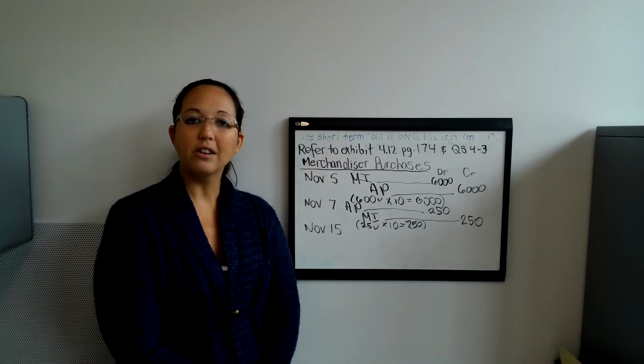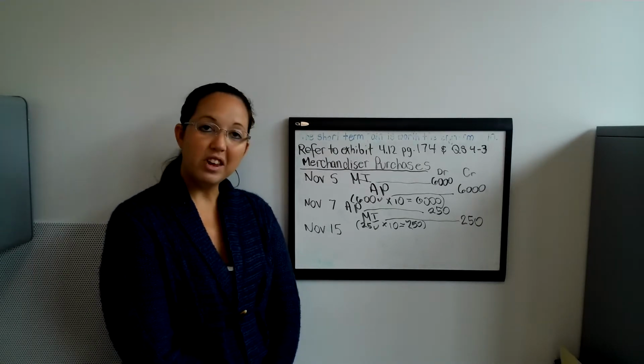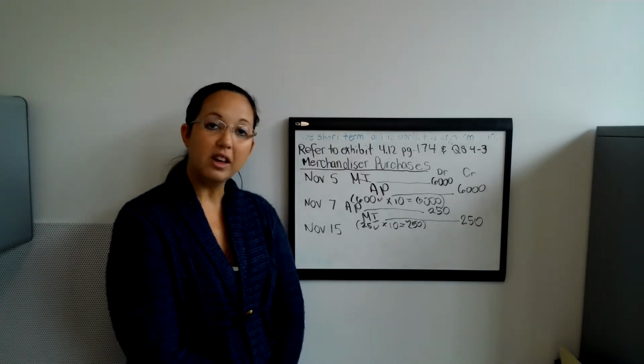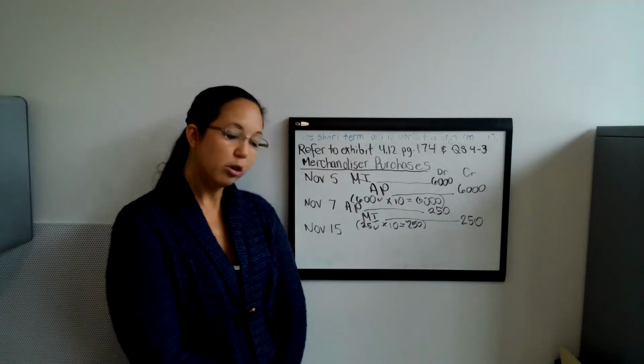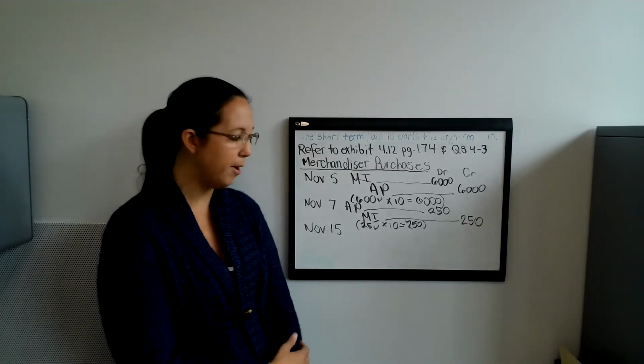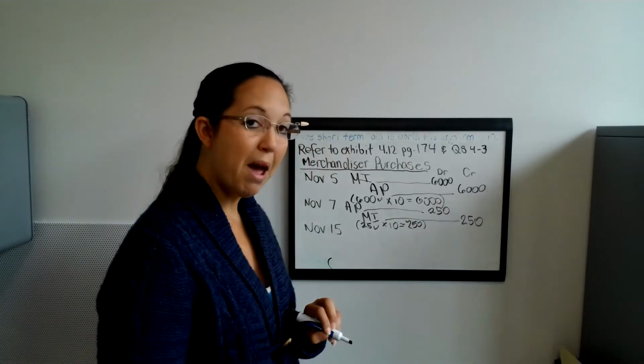The first thing we ask ourselves is if we made it in the discount period. We did. We paid on the 15th. The invoice was from the 5th, so if we paid within 10 days, we got a 2% discount. Okay? So first what I would do before anything is do the math.